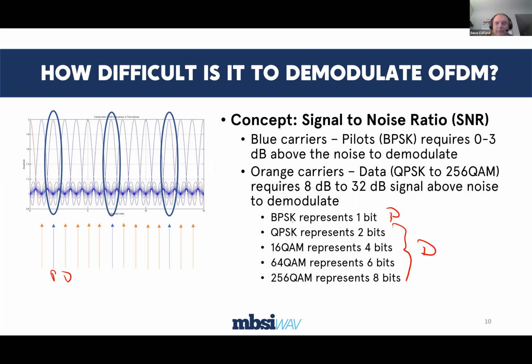So we modulate the subscriber data with modulation values that are much higher than that in order to pass the traffic that we need. Keep that in mind as we go forward. We need to have a certain amount of signal above the noise in order to decode this data.